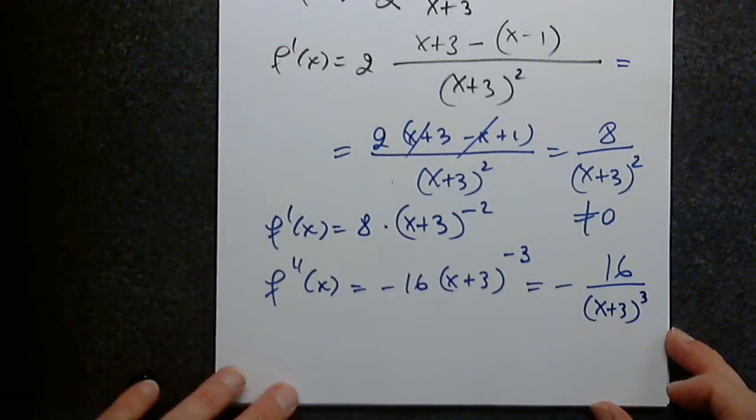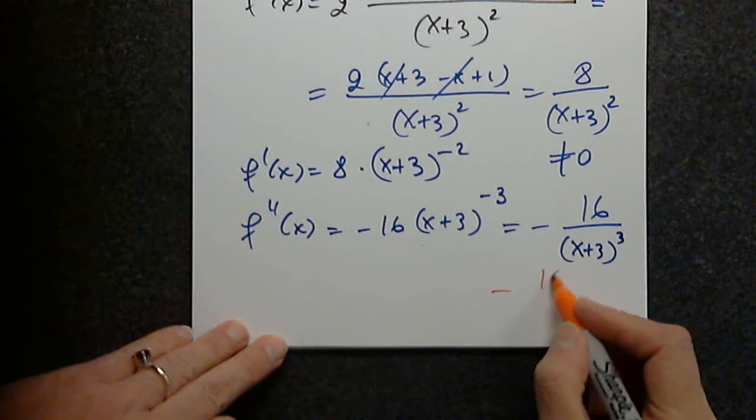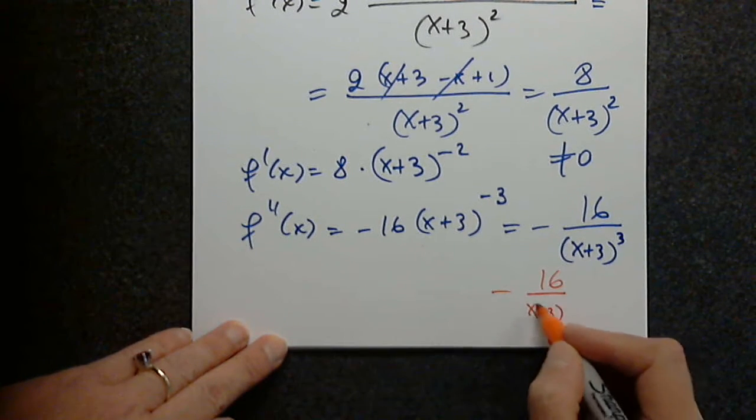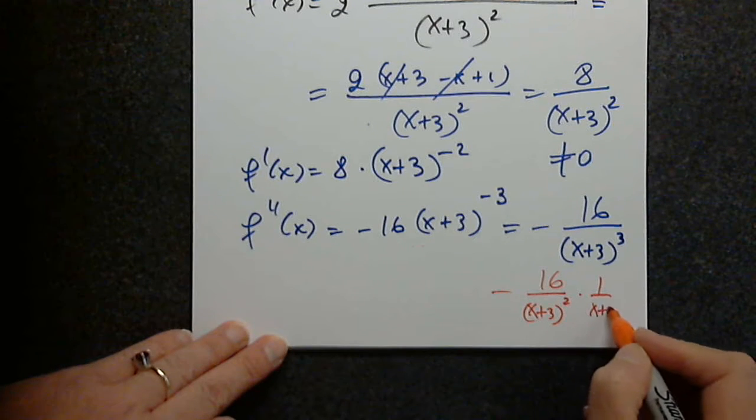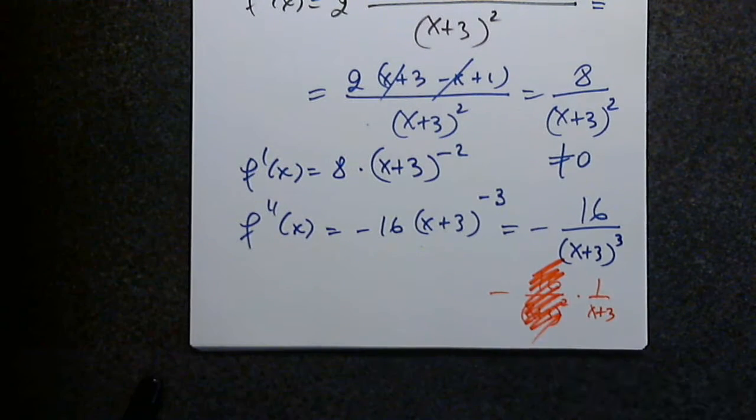What I would like you to see is this. Because now I need to study the sign of this expression. And I'm not going to study the sign of this expression. Why am I not going to study the sign of that expression? It will be a waste of time. It's always positive.